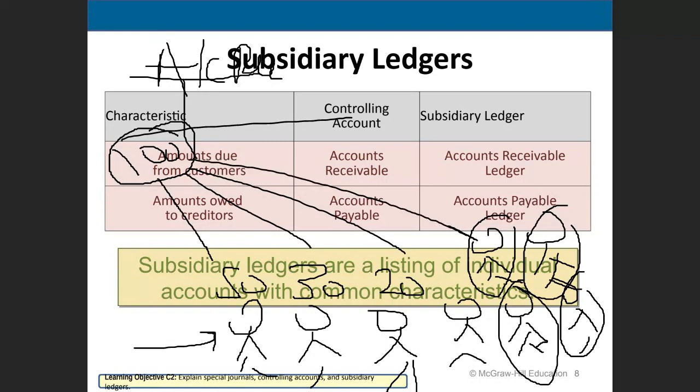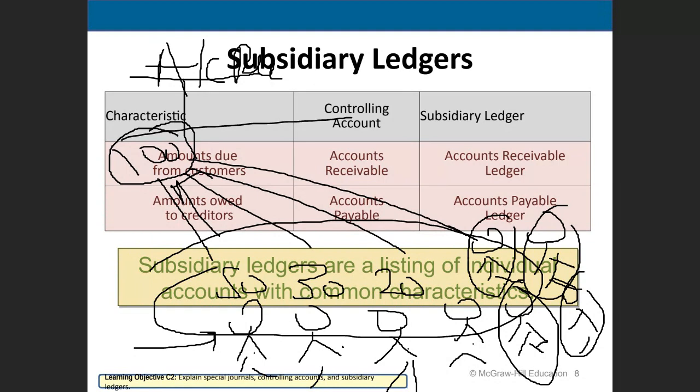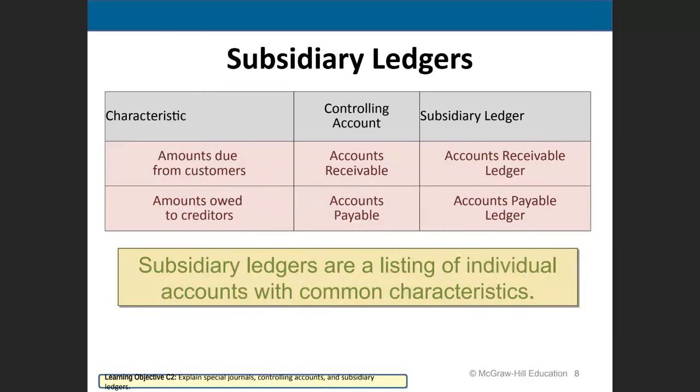But we want to know, for example, Ahmed, Ali, Hussein, Fatima, how much should each individual pay? For that, we must have something called a subsidiary ledger.